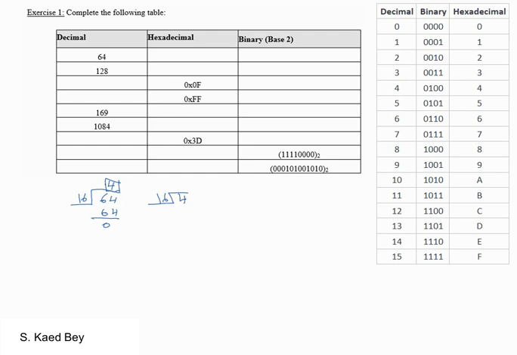We need to repeat the steps until the result is 0, which is the case here. So the answer here, or the digit sequence of the hexadecimal number, will be from the last to the first.